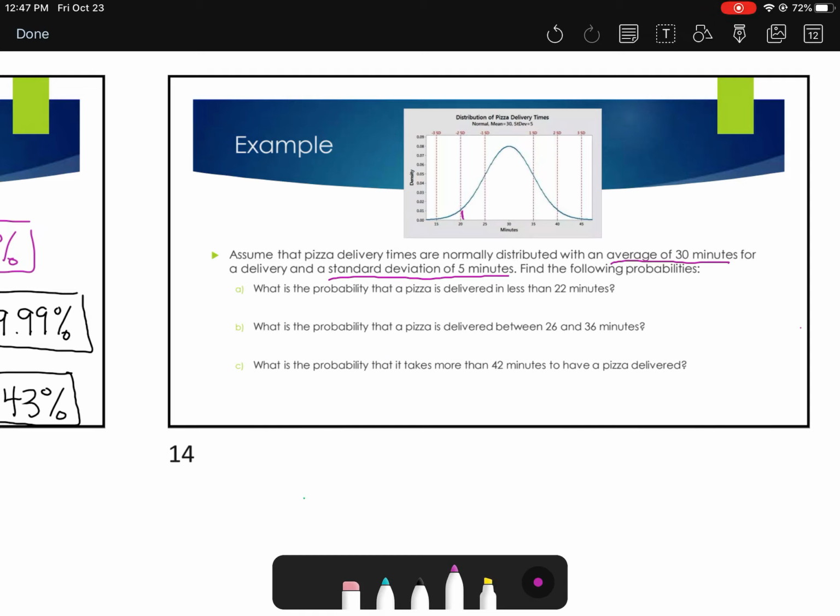What is the probability that a pizza is delivered less than 22 minutes? Looking at where 22 falls on my bell curve, it's probably not a great chance, but let's see what that percent is.